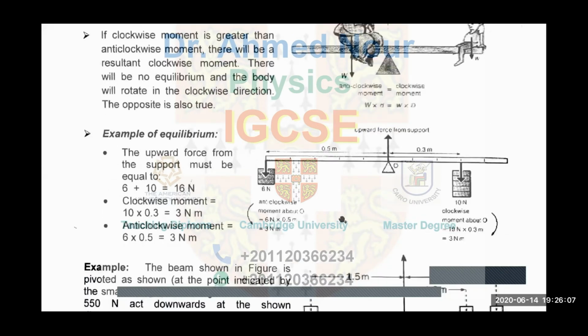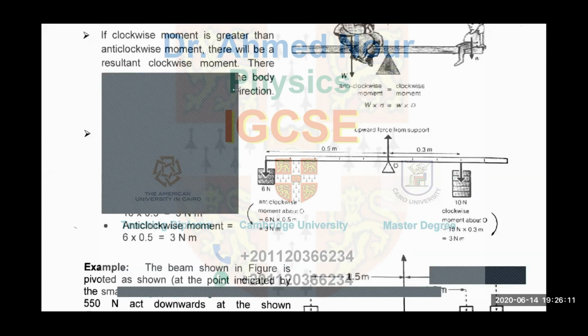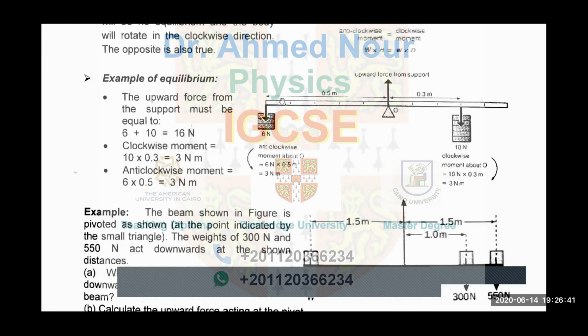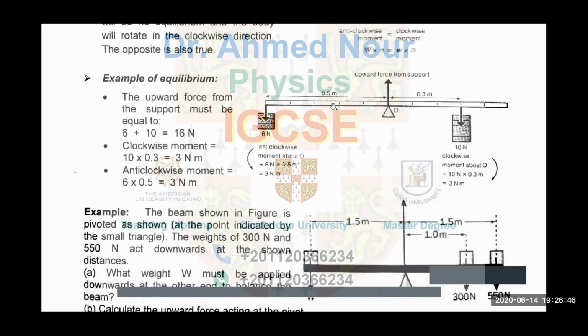Let's apply the equilibrium again in the next example. Here we have two forces, 10 Newton and 6 Newton, and two distances, 3 meters and 5 meters. Let's apply the first condition: no resultant force in any direction.